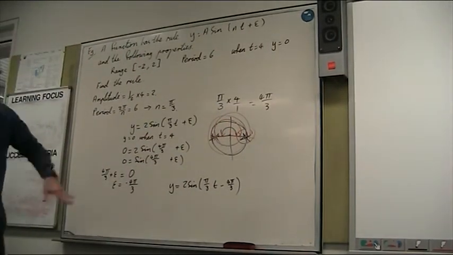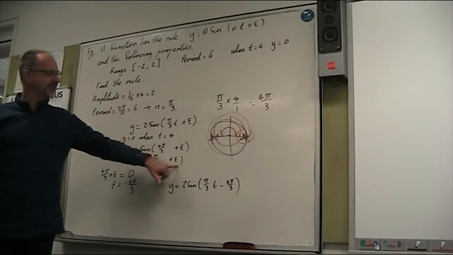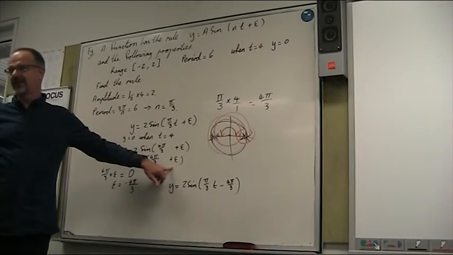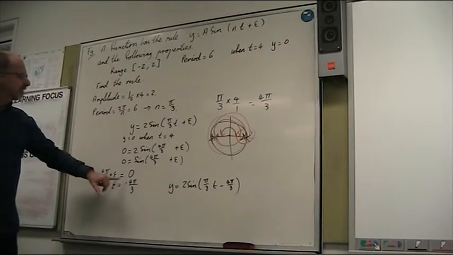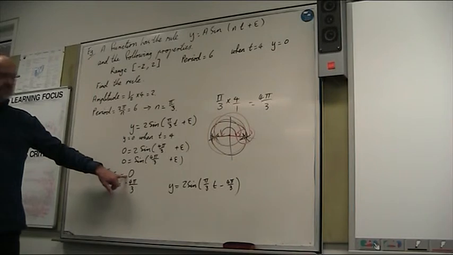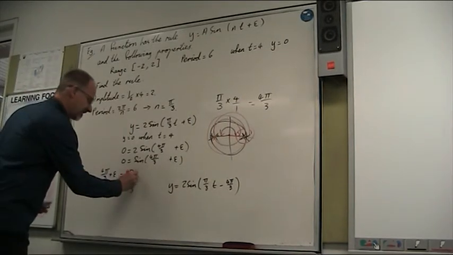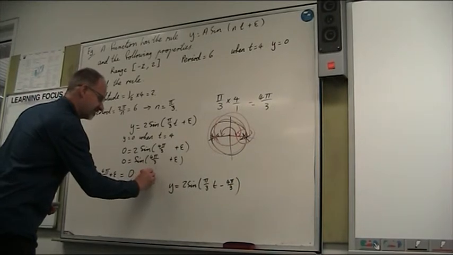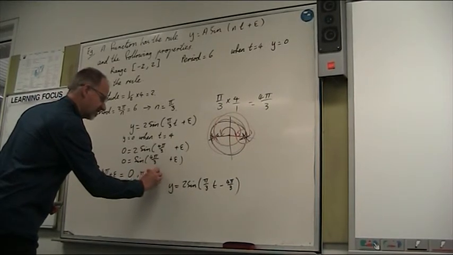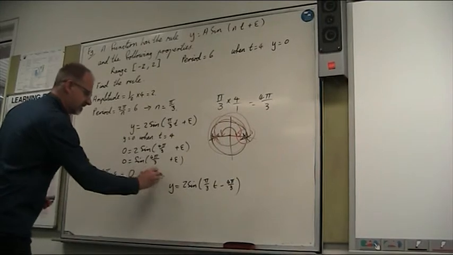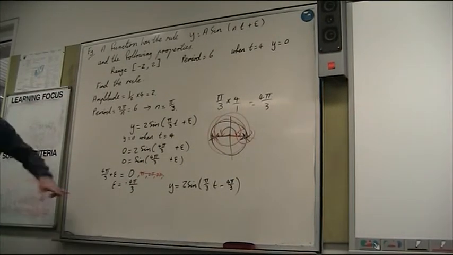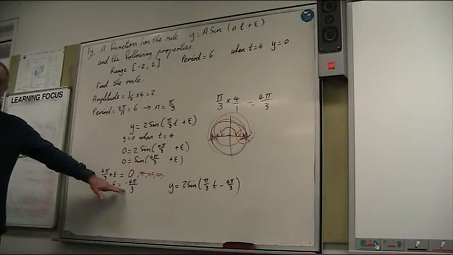But in this case, we just want a value for this. We don't want multiple values, we only need one. So I said we won't worry about the other times where sine is 0, because we don't really need them. All we need is the first one, and that will give us a value.